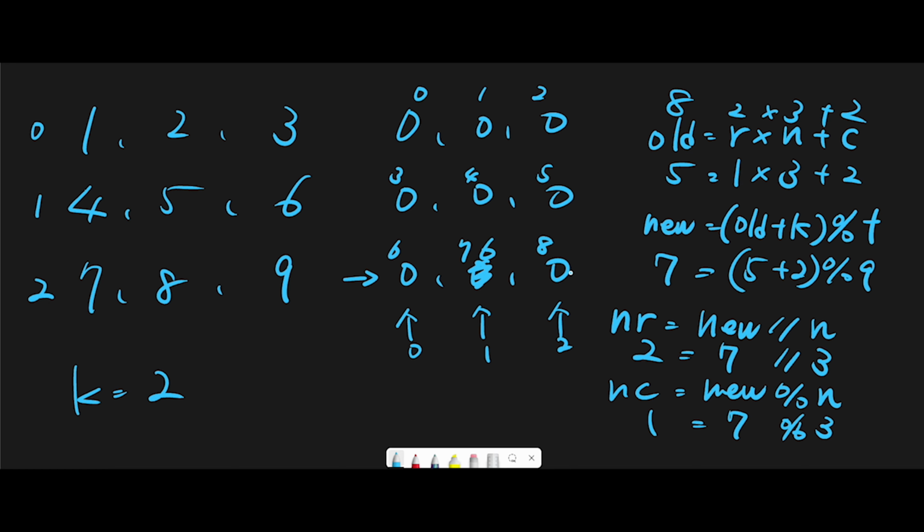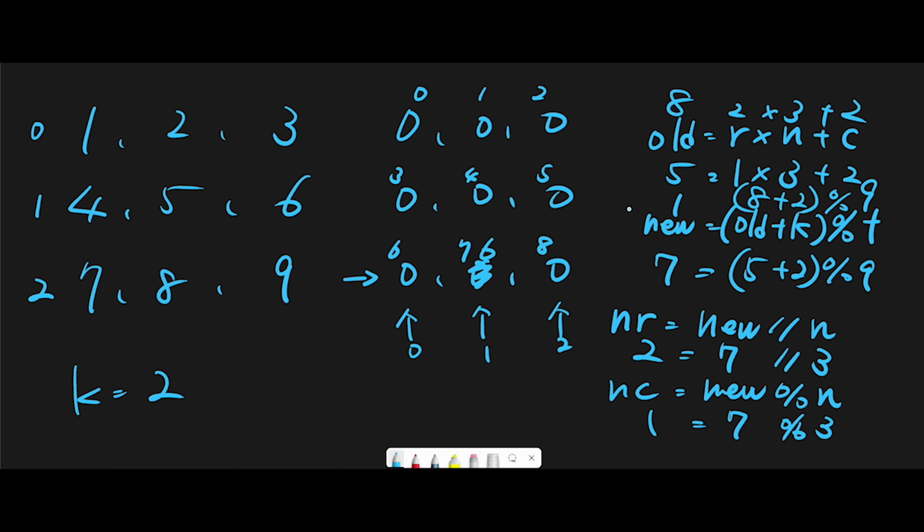And then we calculate the new position: old position 8 plus 2, and then percent 9. So 10 % 9 is 1. The new position is 1. If we move 9 in the 1D array, the new position is index 1.